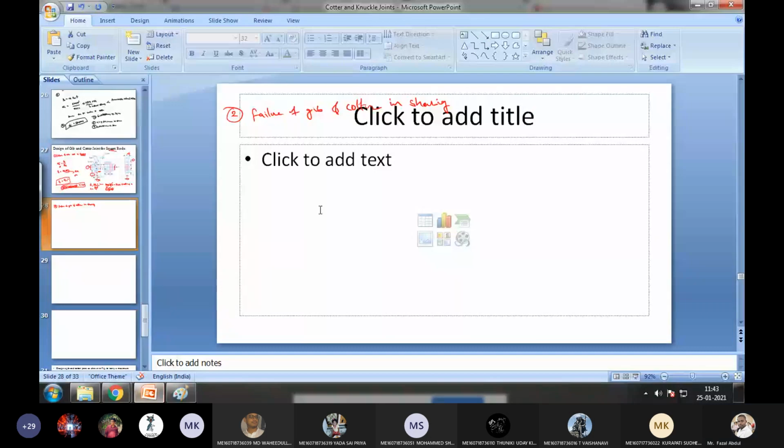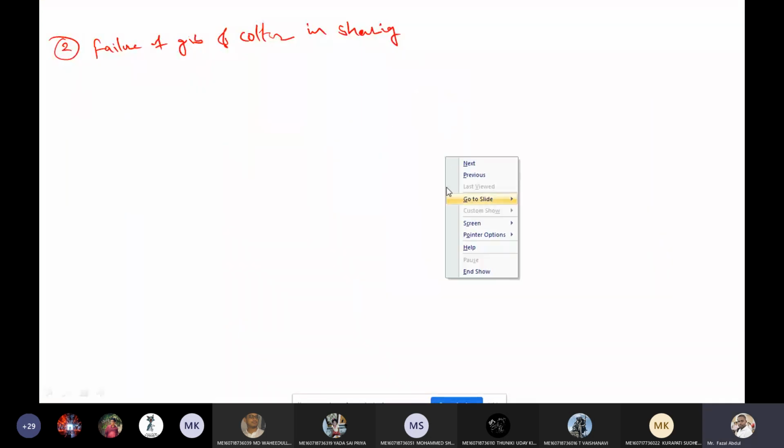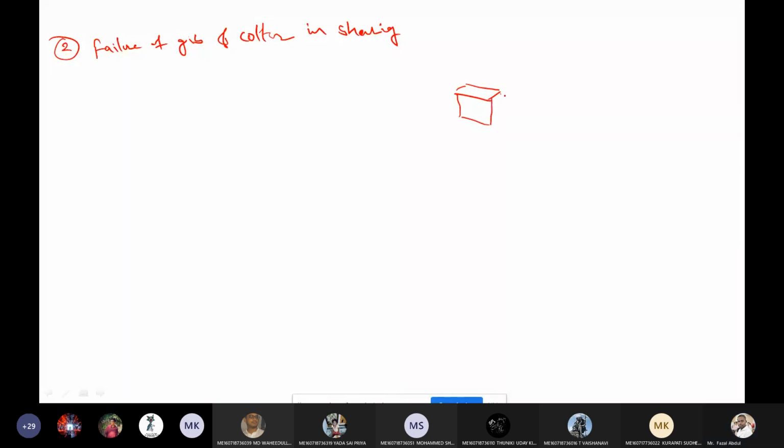So that I'm drawing here, the failure areas I'm drawing. This is for the quarter, and now I'm drawing for the gib.